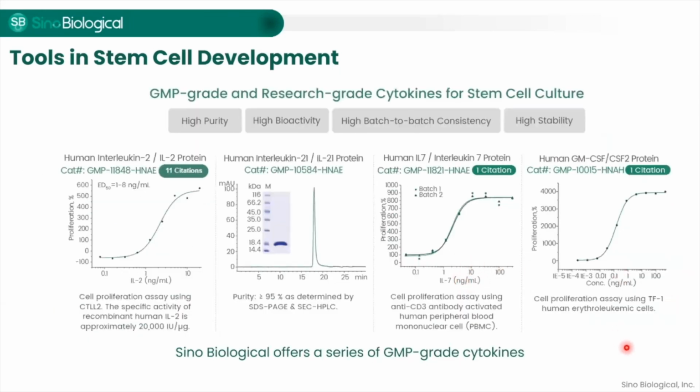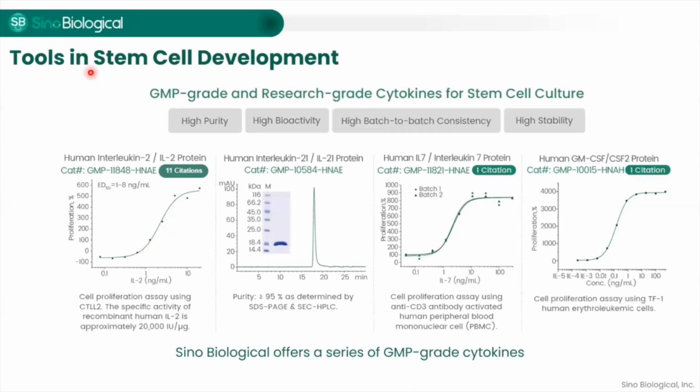So Sino Biological does not only offer high-quality cytokines, we are also very proud to offer GMP-grade cytokines for stem cell cultures, and by employing a high-quality management system that adheres to GMP standards and implementing stringent quality management and release testing criteria, Sino Biological has successfully created a range of high GMP-grade cytokines.